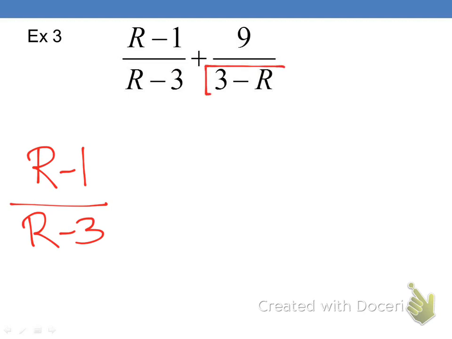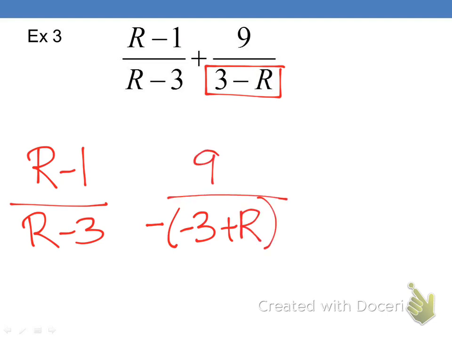You know what I'm saying? So if we make that negative, and then it'd be negative 3 plus r over 9 plus, right? Now, you guys know that when you have a negative like that, you can put it in the top or the bottom of the fraction, right? So I'm just going to stick it up here with my next step.